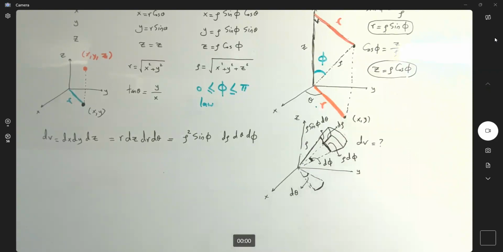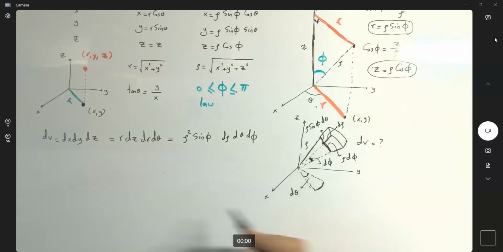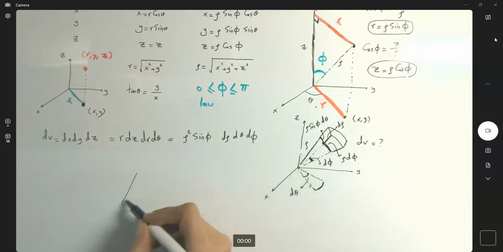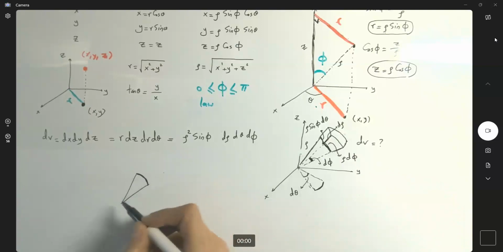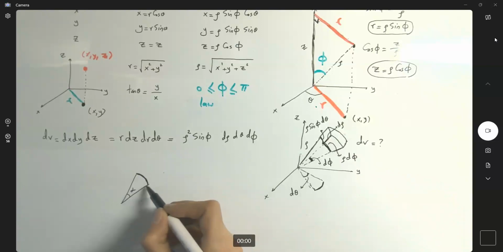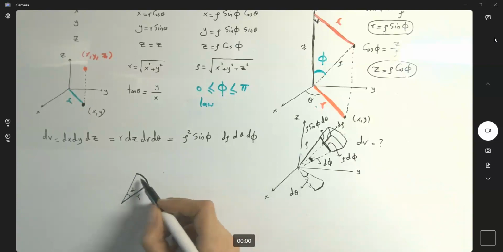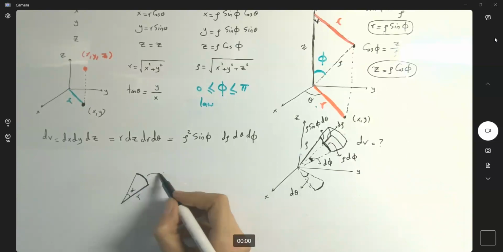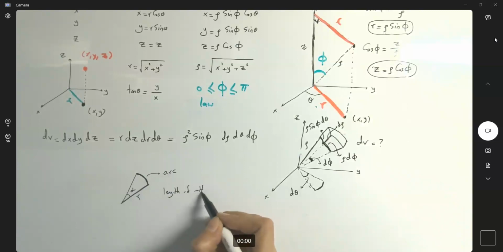Well, how do I see that? Remember, when you have a piece of pie, and you have the central angle like alpha, and you have a measurement like r here, you're able to compute this little piece up here. This is your arc, and you can find the length of the arc.